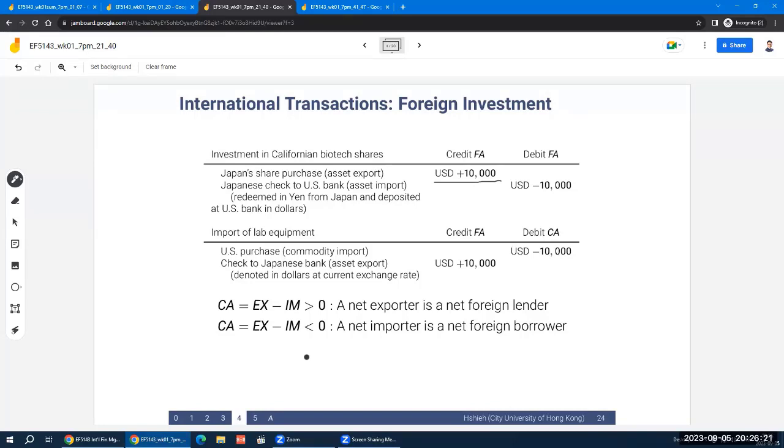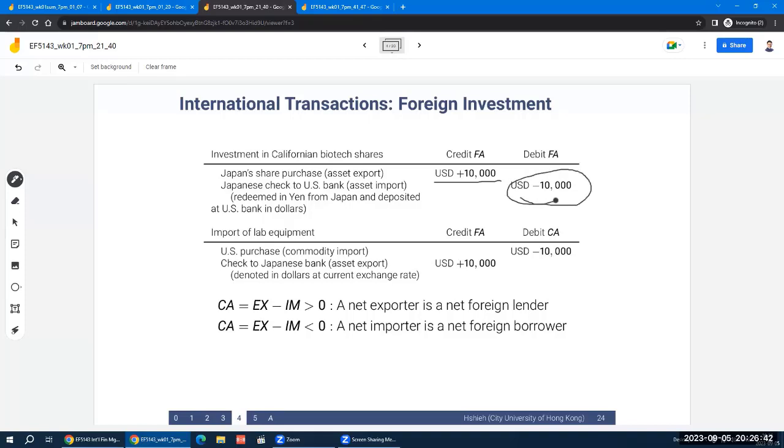So the Japanese investor gives this biotech company money, and in exchange, we're going to export. The U.S. company will export shares, and in return, they will accept money, right?